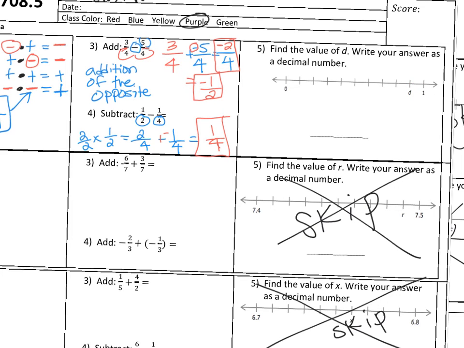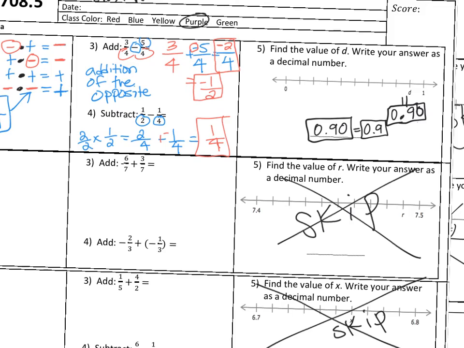So D, if I'm just counting by tenths, would be 0.9. So my answer would be 0.9 or 0.90. It's the same thing.